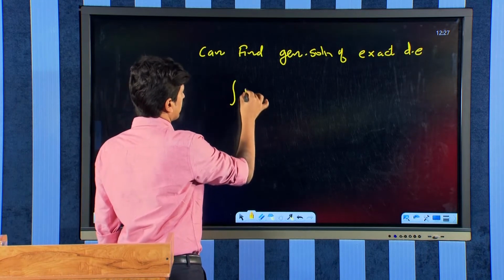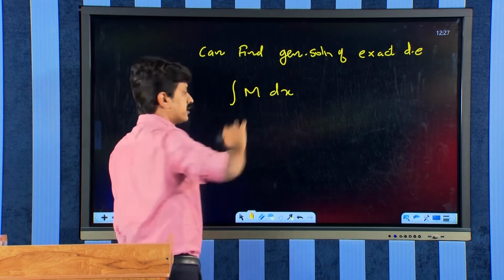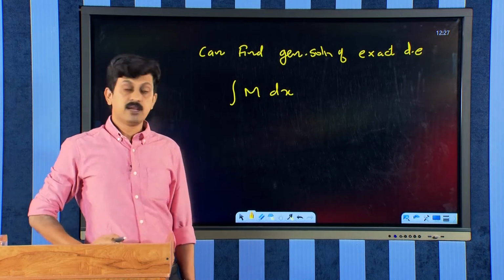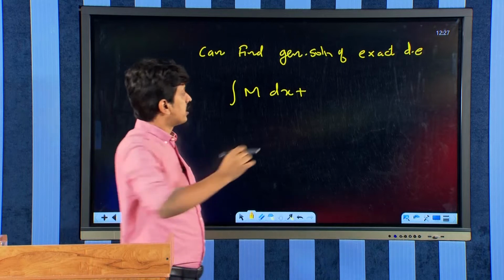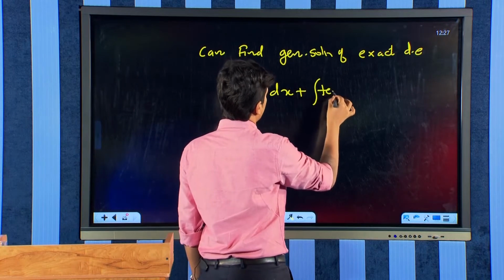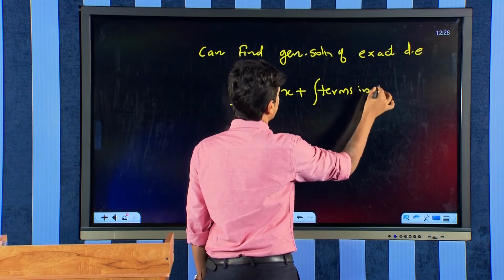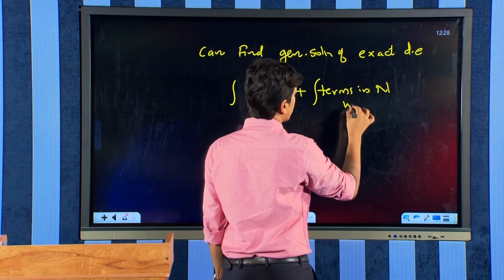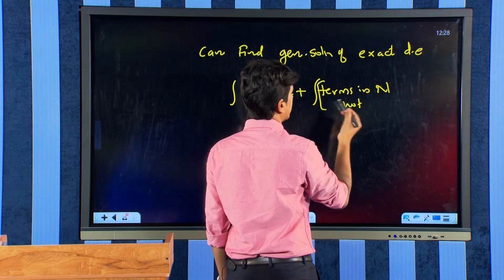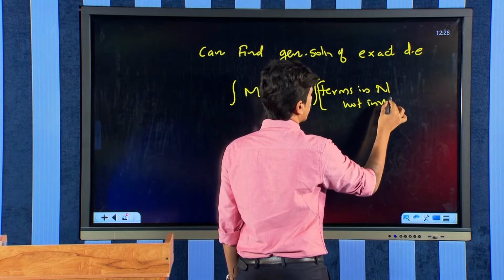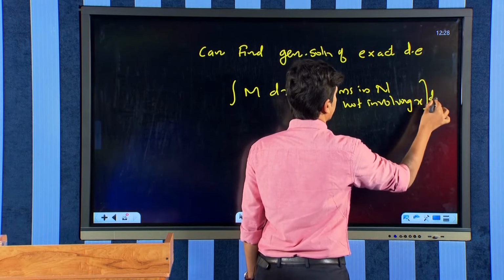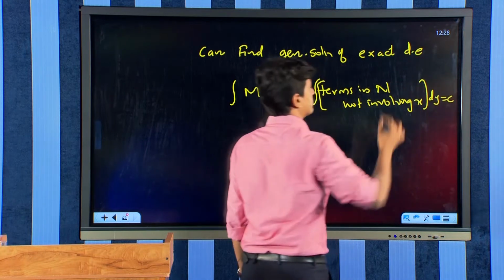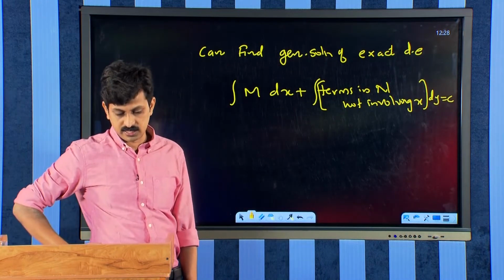integral of m dx plus integral of the terms in n not involving x into dy is equal to c, the constant of integration.